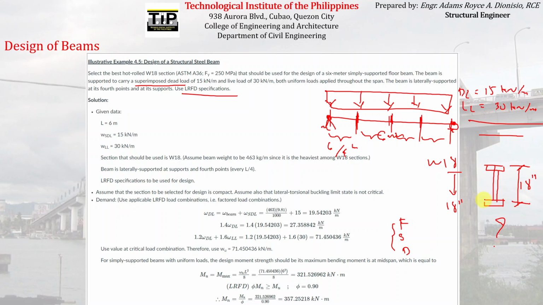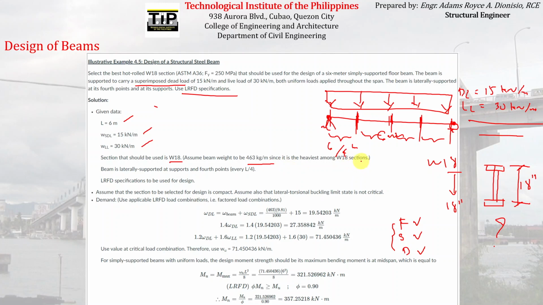So we have to find a section that will be able to withstand the flexural capacity, the shear capacity, as well as the deflection capacity. Okay. So rewriting the given data, the length is 6 meters, dead load, live load, and then we have to choose W18. And then we can assume a beam weight equal to 463 kilogram per meter since it is the heaviest among the W18 sections.